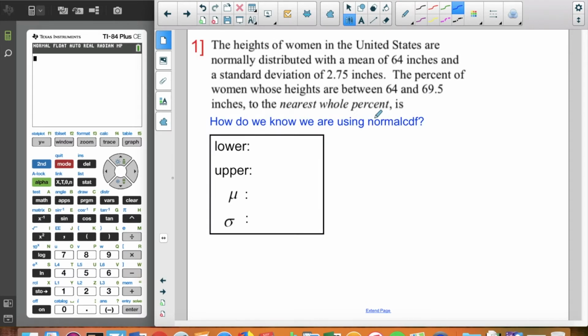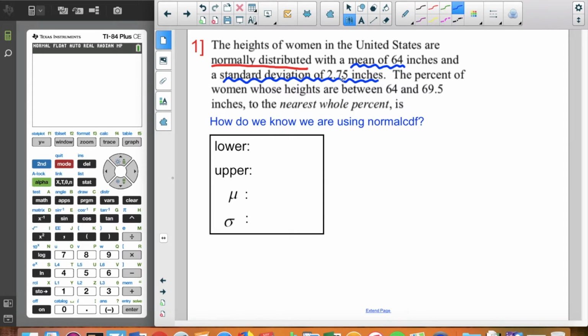Okay, so number 1, the heights of women in the United States are normally distributed, keyword, with a mean of 64 inches and a standard deviation of 2.75.